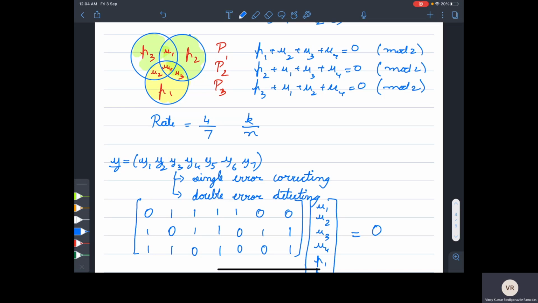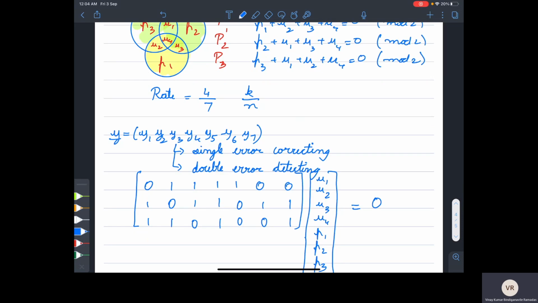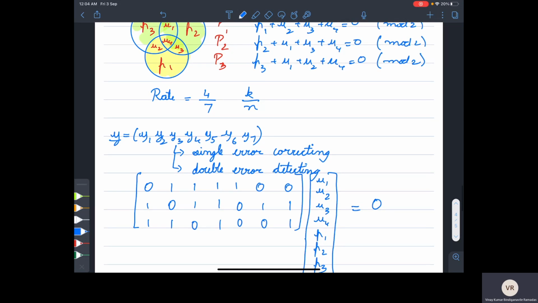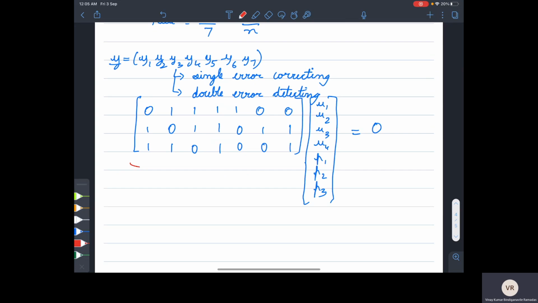Okay. So for example, here multiplying the first row and this vector gives the first parity check equation: P1 plus U2 plus U3 plus U4 is 0. All right. So this matrix that I have written here is usually denoted by H and it's called the parity check matrix.